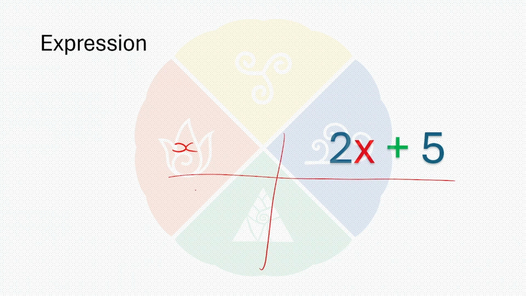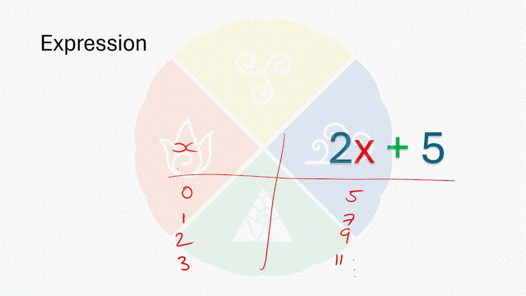If x is 0, then the value of the expression is 5. If x is 1, then it will become 7. If x is 2, it is going to be 9. Yes, if x is 3, it is going to be 11, and so on.